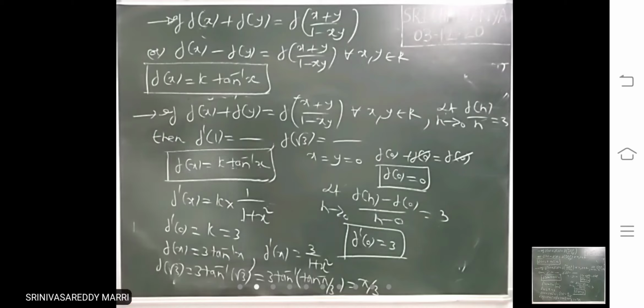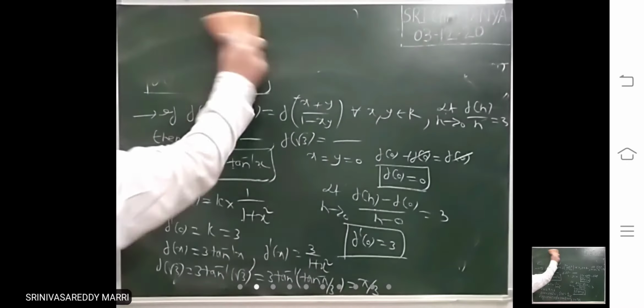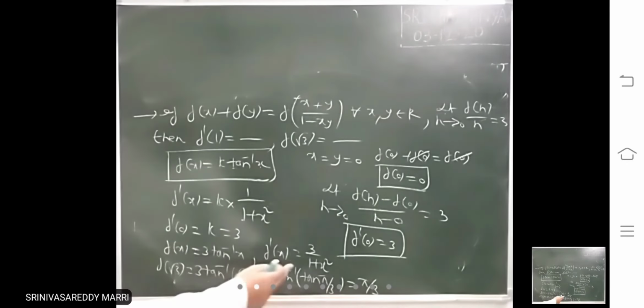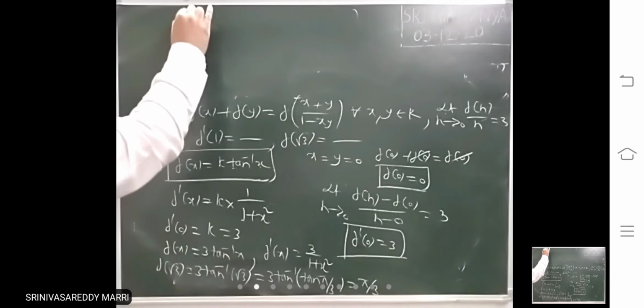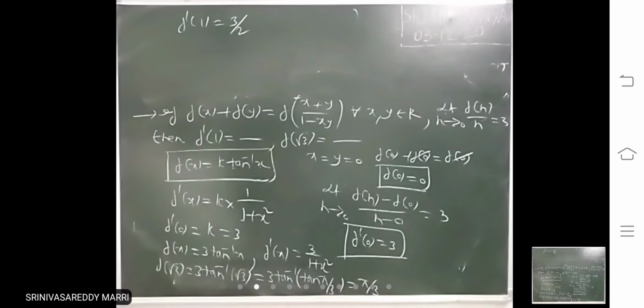Then f dash 1: substitute x equal to 1, so f dash 1 is nothing but 3 by 2. Like that, just use the formula. By the given condition, you calculate k. If you calculate k, you will get everything.